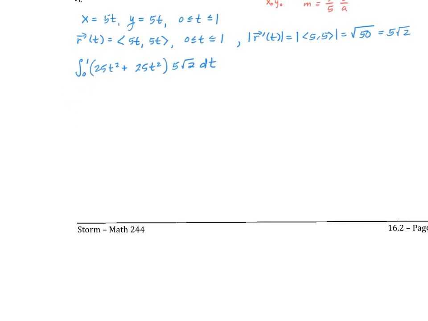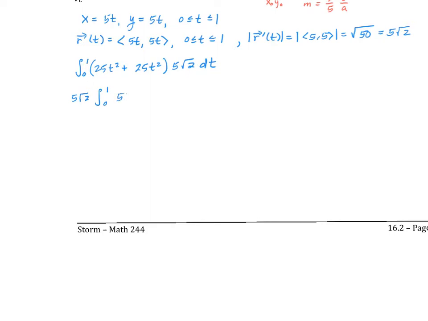I could pull out the 5 square root of 2, since it's just some multiple of my integrand. And in fact, I can pull out the 25 as well, right? Actually, 25t squared plus 25t squared is 50t squared.